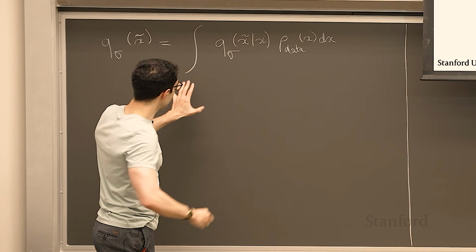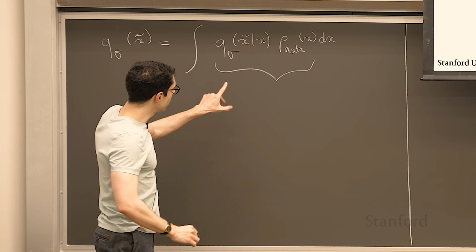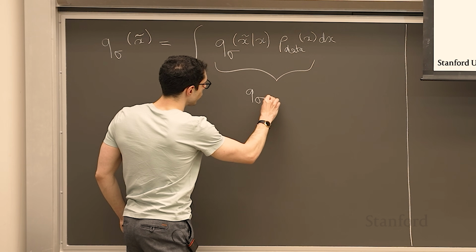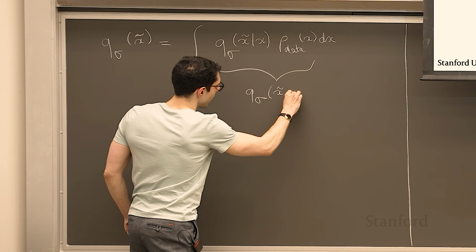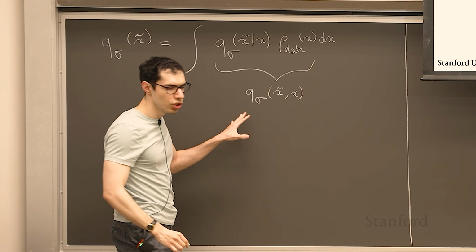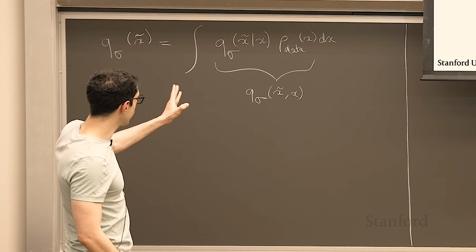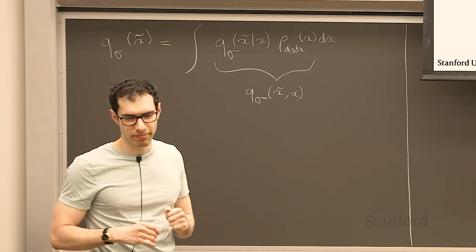You can interpret it as a joint probability distribution, which you can also note q sigma of x tilde and x, which is a valid one, because if you integrate over x tilde and x, you get 1.